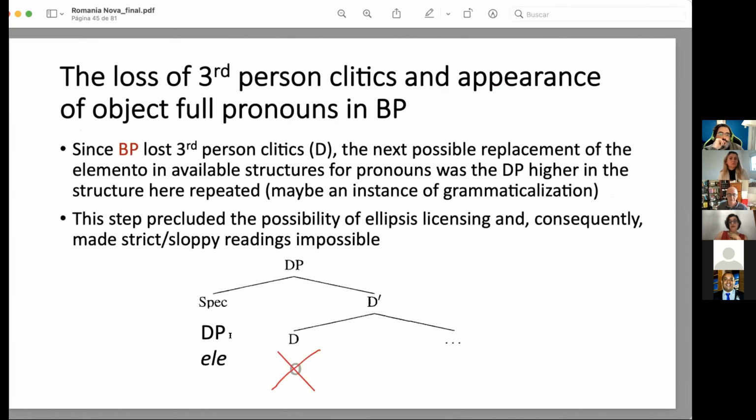Then the loss of third person clitics and appearance of object full pronouns in Brazilian Portuguese would be, we lost the clitic here, then the replacement by ele would be the next possible replacement of an element in available structures for pronouns. That was its DP, which was higher in the structure. And this step precluded the possibility of ellipsis and licensing of whatever was here in the complement of D.